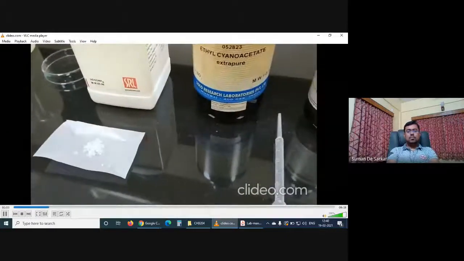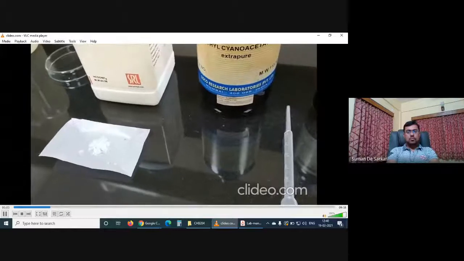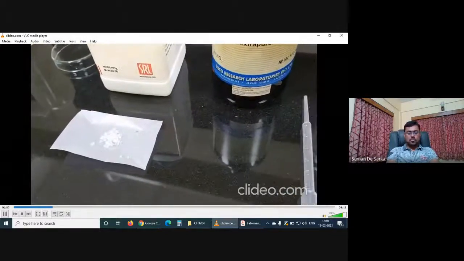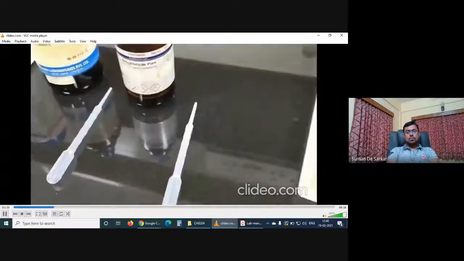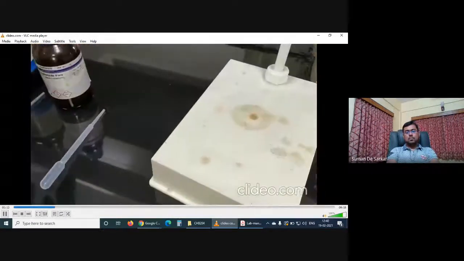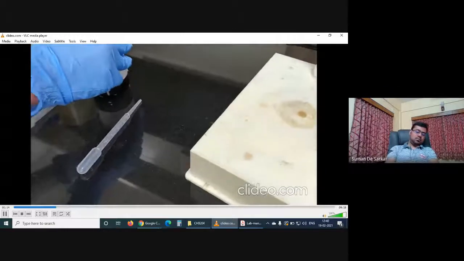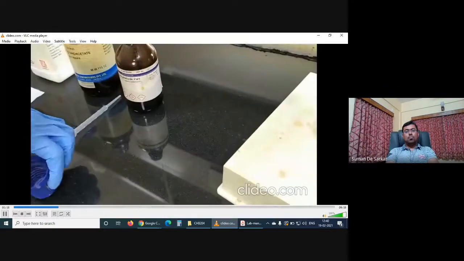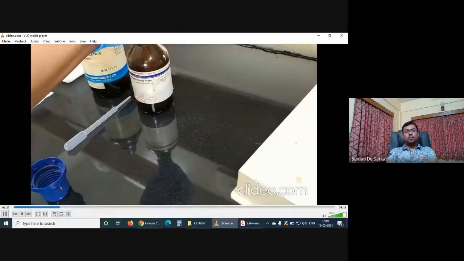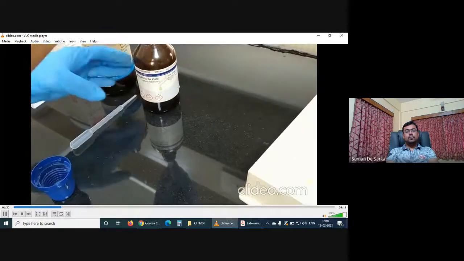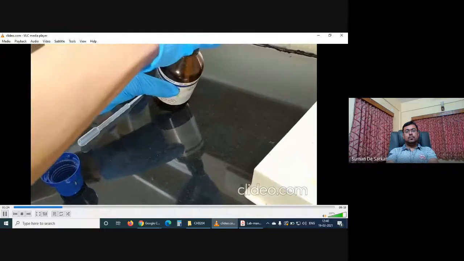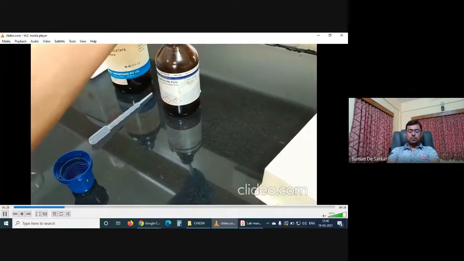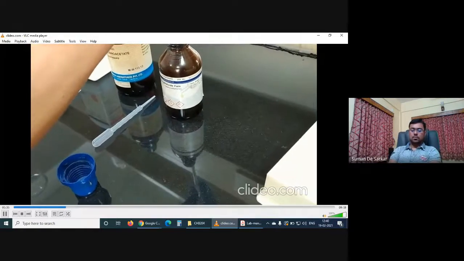So we have taken 630 milligram of ammonium formate, and now we will mix 1.32 gram para-anisaldehyde. Para-anisaldehyde is a liquid, so you have to calculate from the density how much volume you need. Roughly it is 1.2 ml.